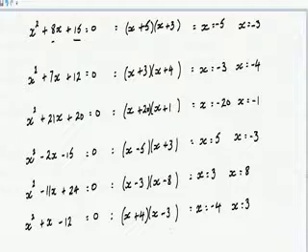Okay, so if the equations are all positive, it's nice and easy. It's just what times what will give you the final number that if you add them will give you the middle number. If you've got a negative, then what times what will give you the end number that if you add or subtract will give you the middle number.